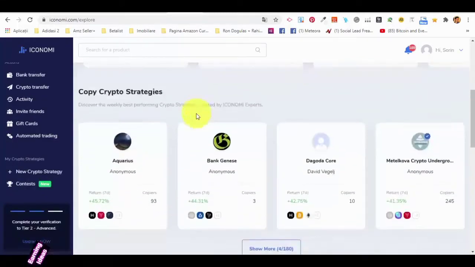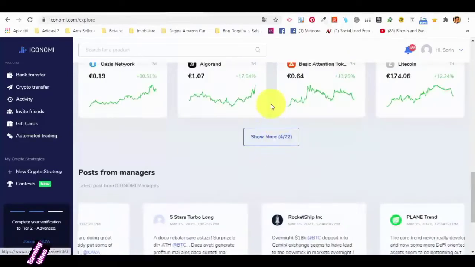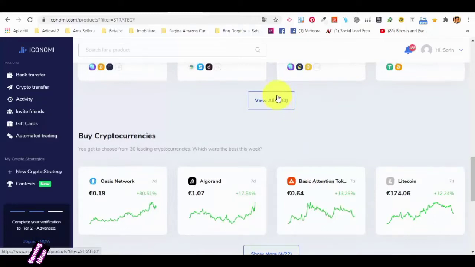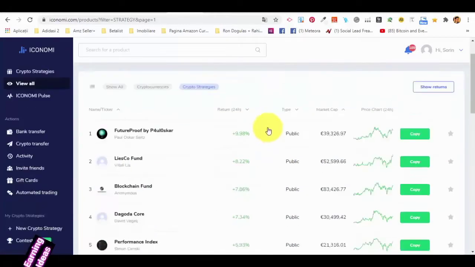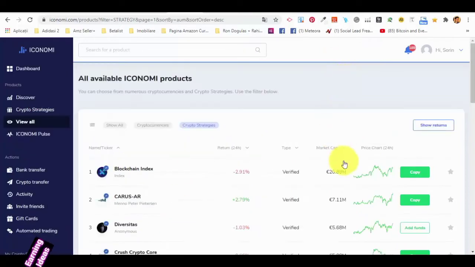Now if you want to see all of the strategies, you just scroll down. You see that there are around 180 strategies. We can check all of them, and we can see all of the strategies here. It shows the return over the last 24 hours and so on. Now what we are looking at is the market cap.